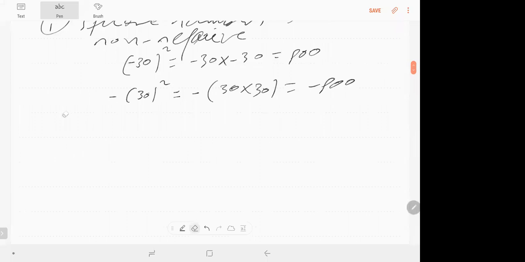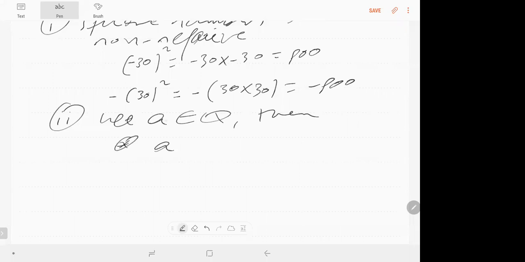Second property. Let us take two rational numbers A and B, any rational numbers. Then (A times B) squared means A squared times B squared.